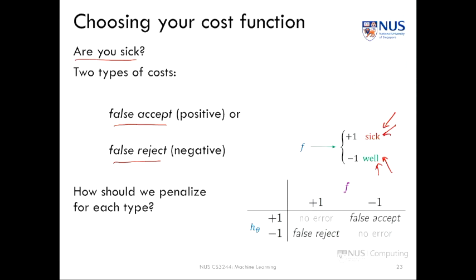So we can take a look at this confusion matrix diagram that's written down here at the bottom to visualize this. A false accept is the case where the classifier incorrectly predicts that you were sick, but in fact you were actually well.